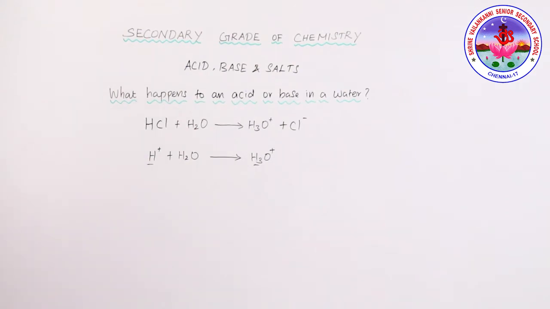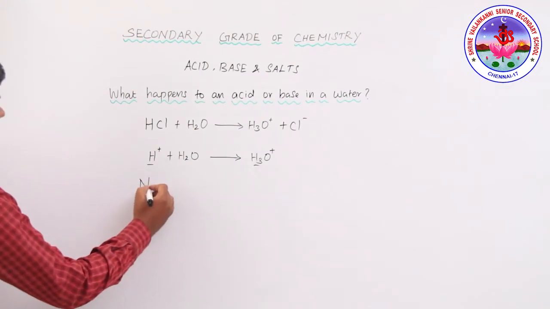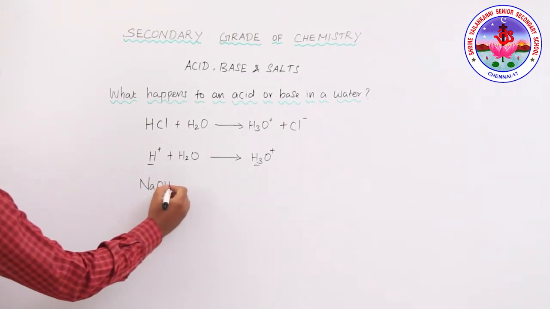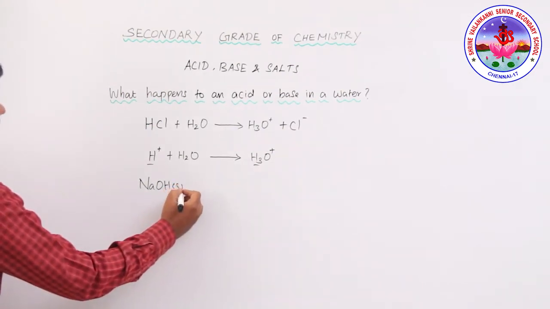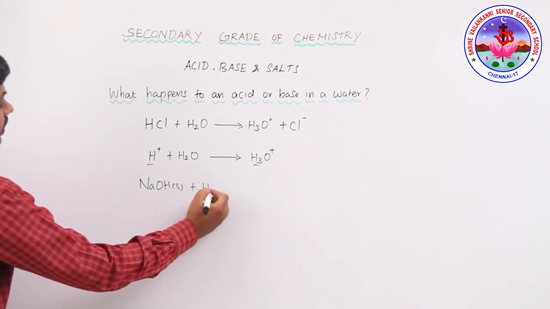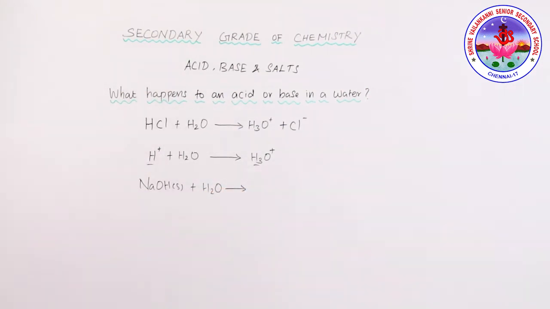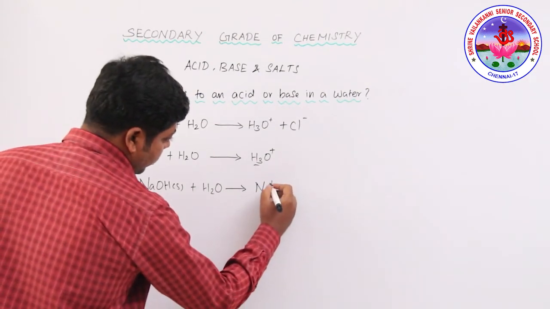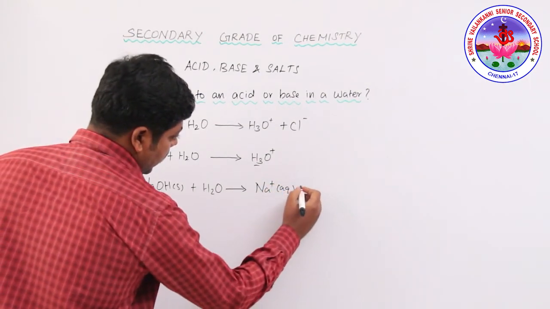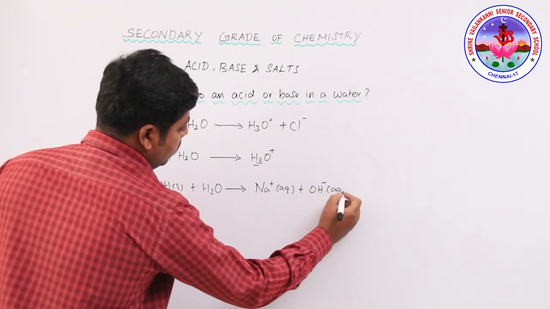Now we see bases. When sodium hydroxide pellets, which are a solid, react with water, what happens? They convert to Na plus aqueous and OH minus aqueous.